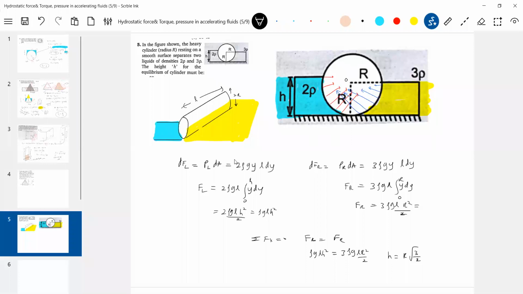If it were a full cylinder, what will the right-hand side liquid see? It will see a projected area of length L and height r. Whereas this side will see a projected area of length L and height h. The effective area is what you have to go for.